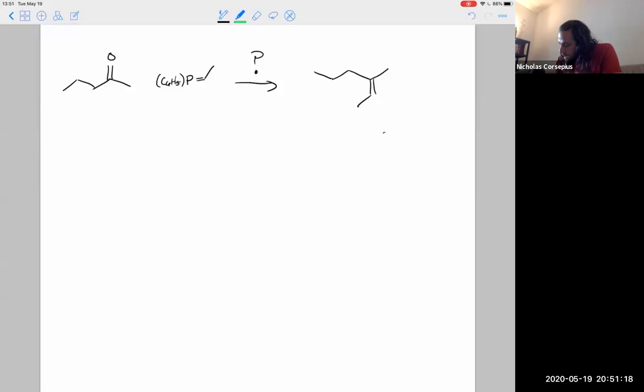Let's go over why these two will react the way that they do here. First of all, these 1, 2, 3, 4, 5 carbons are the ones that were originally in my carbonyl group, in my ketone.